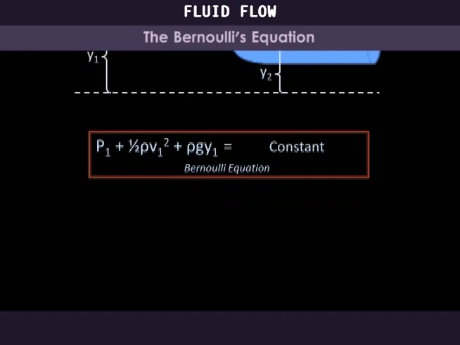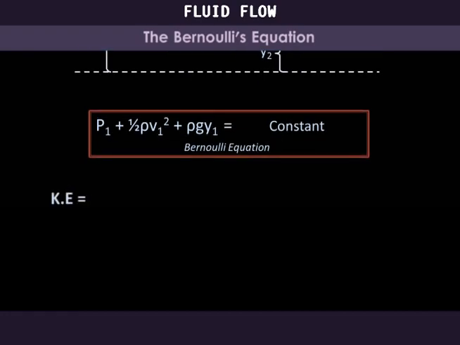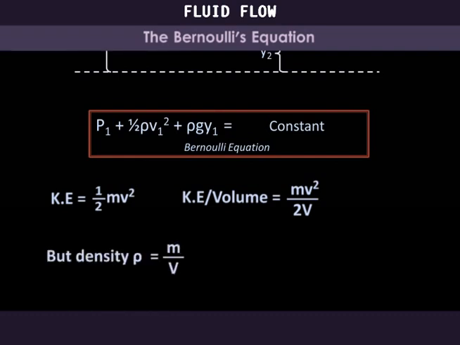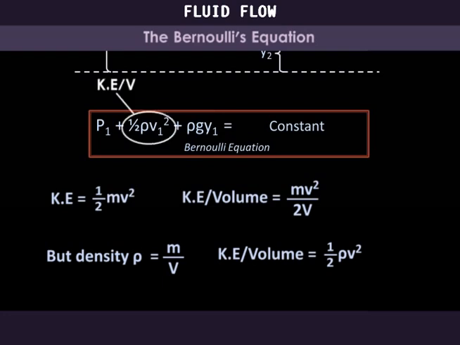So, considering that kinetic energy is equal to a half mv squared, the kinetic energy per unit volume will be given as m velocity squared over 2 times volume. But density is equal to mass over volume, and so kinetic energy per unit volume is equal to a half rho v squared.